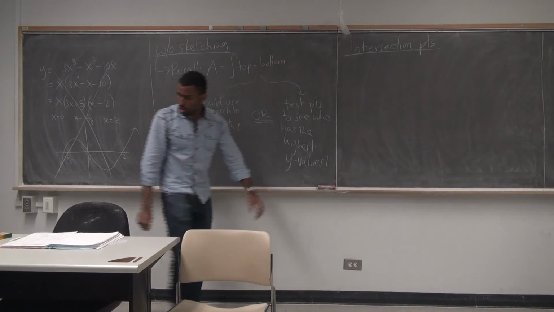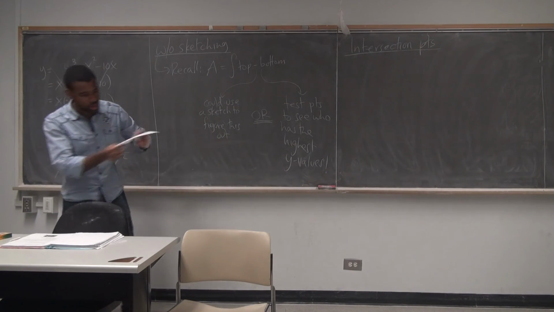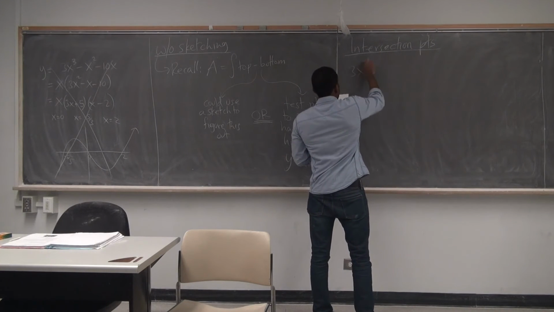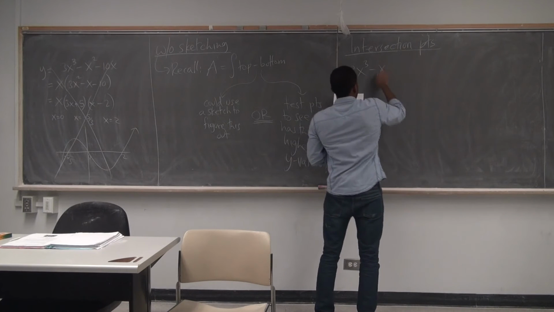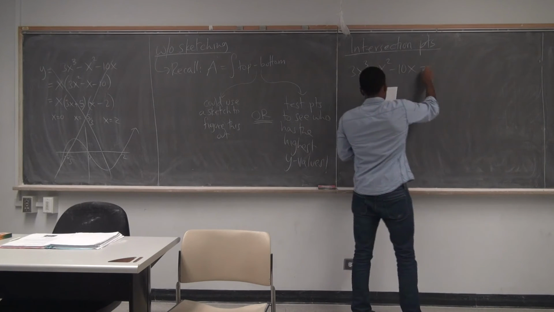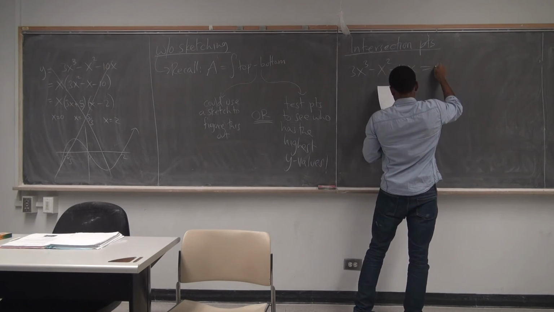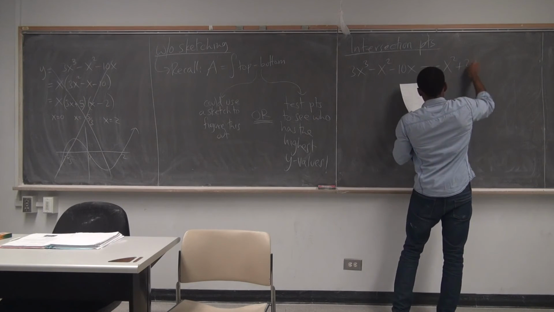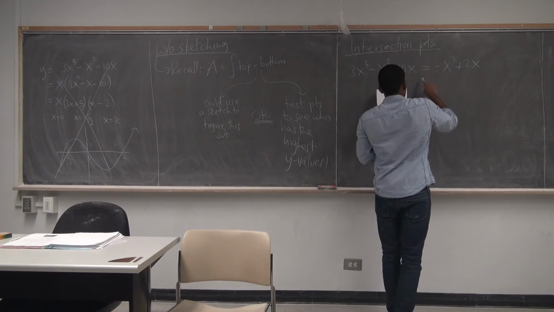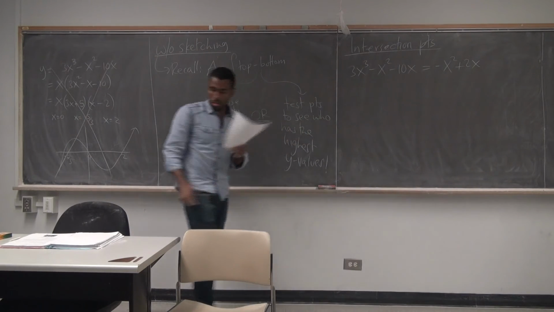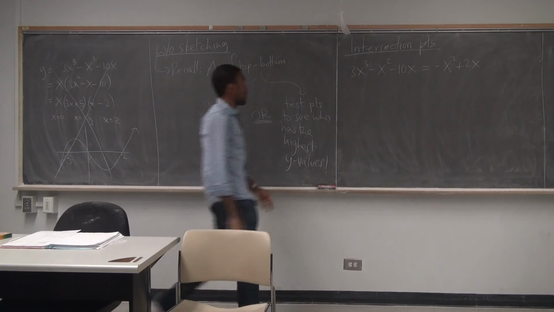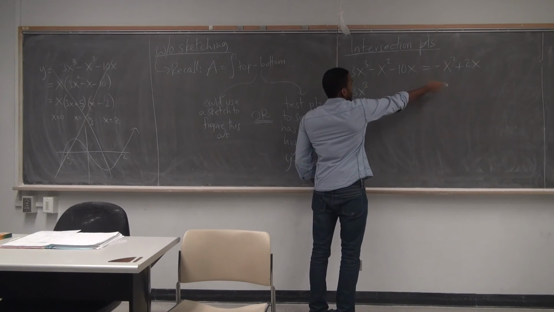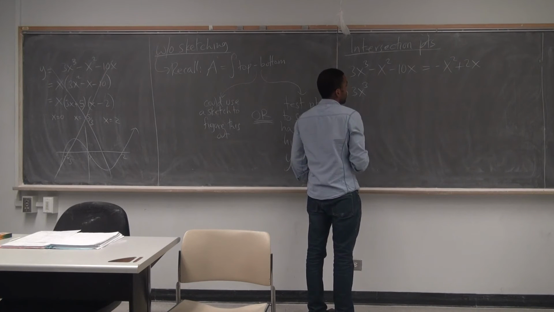So what will be the intersection points here? I erased the curves, so let me recopy them. I'll get 3x cubed minus x squared minus 10x equals minus x squared plus 2x. Which means here I have 3x cubed. Bring this guy over here, what would happen?